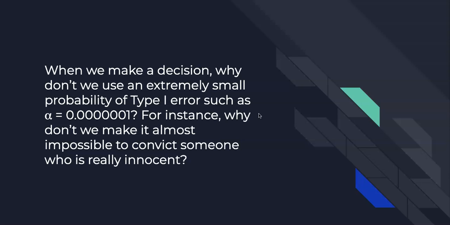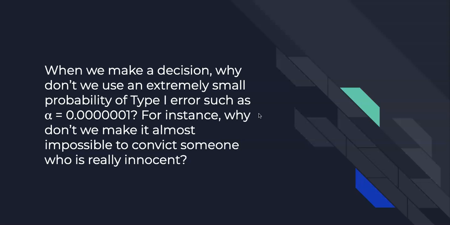So here you go. When we make a decision, say you're like, we should never let go of a guilty man free. If that's your statement, we may consider this. When we make a decision, why don't we use an extremely small probability of type 1 error, such as alpha equals 0.000001?